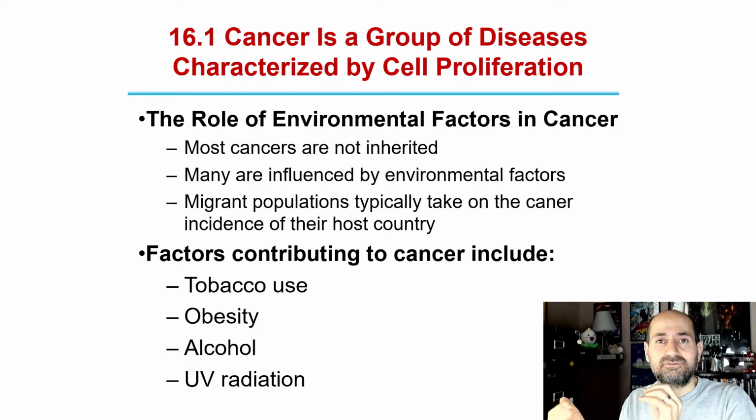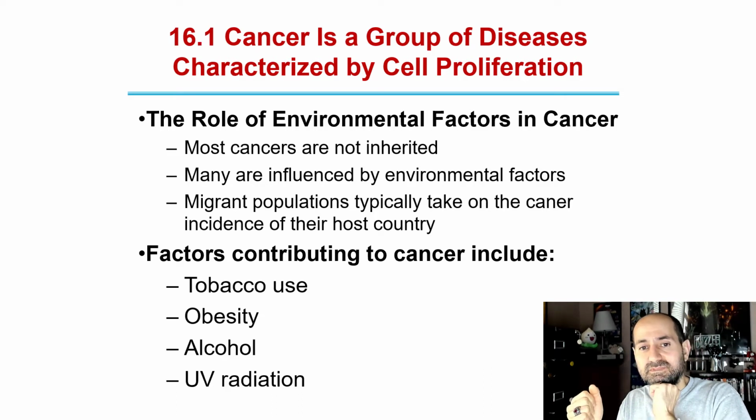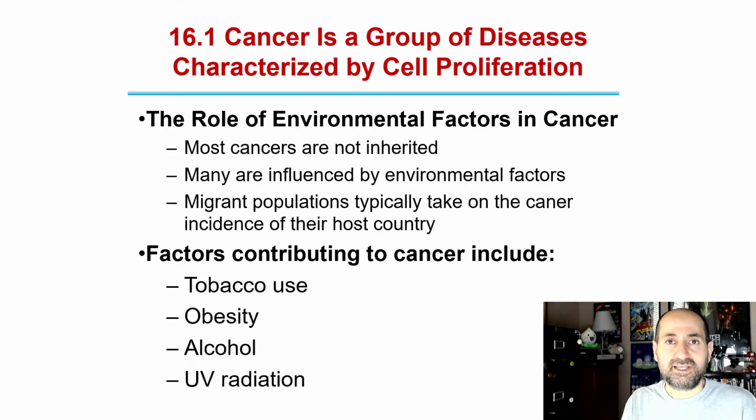Does that make sense? So if someone from the Middle East comes to the United States, they're going to start becoming more at risk of the cancers that are here in the United States, and vice versa. If you move to another country, you will be more at risk for the cancers that are more prevalent in that country, showing how important the environment is for cancer risk.